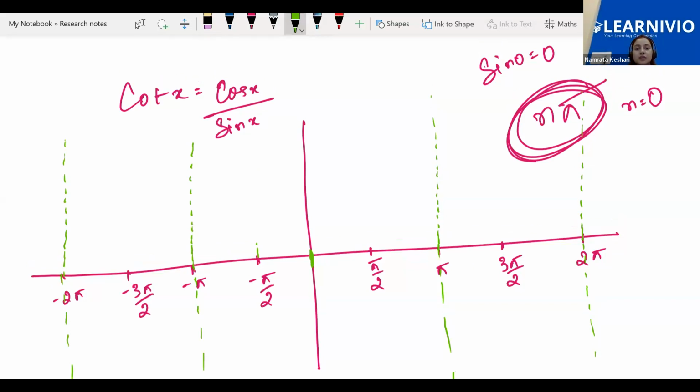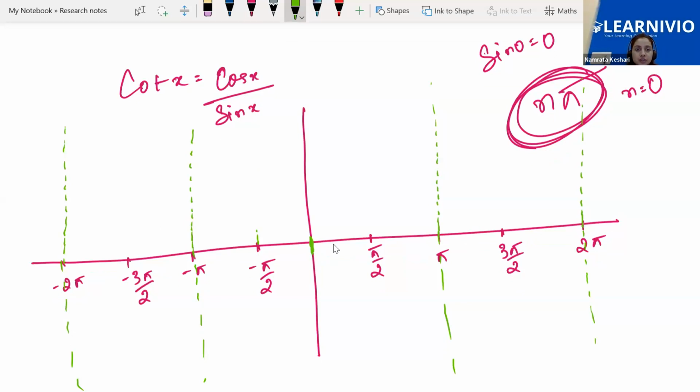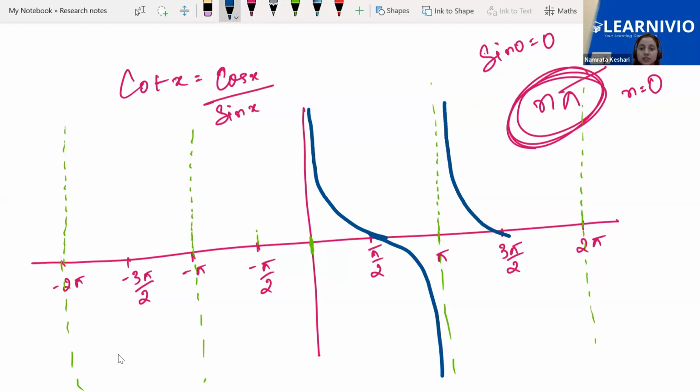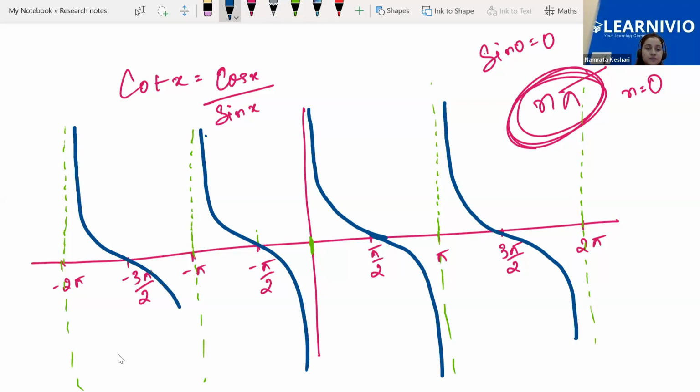Okay, these dotted lines are the points where this cot function is not defined. Now let's make the graph. The graph will look like, it's just like tan, but can you see it is a decreasing function. This is the graph for the cot function.